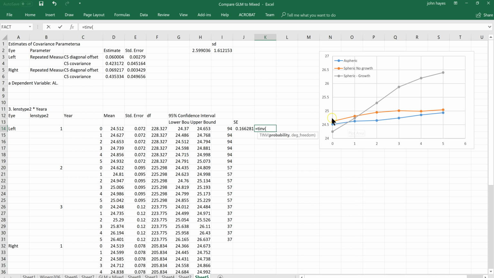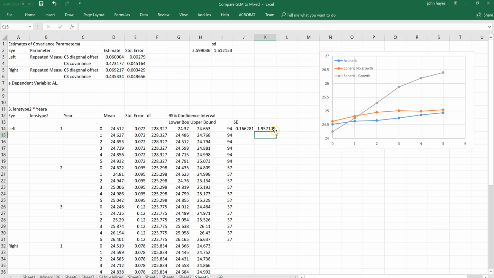Now we have 3 comparisons, so we can go A, B, A, C, B, C. So that's 3 possible comparisons. So that's a Bonferroni. 0.16 is our 84%, but we're going to divide that by 3 to make it a Bonferroni correction. And the degrees of freedom are n minus 1. Notice how close that is.